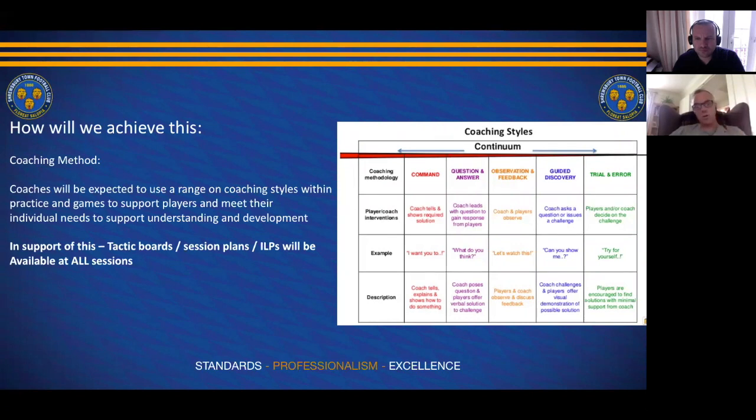Is just this other model linked to those interventions. So are we picking the right intervention with the right coach at the right time to support their development? Just like with the player, are we picking the right intervention at the right time, using the right style to deliver that information at the right time for them? So it becomes a bit more individualistic and a bit less group driven, if that kind of makes sense.